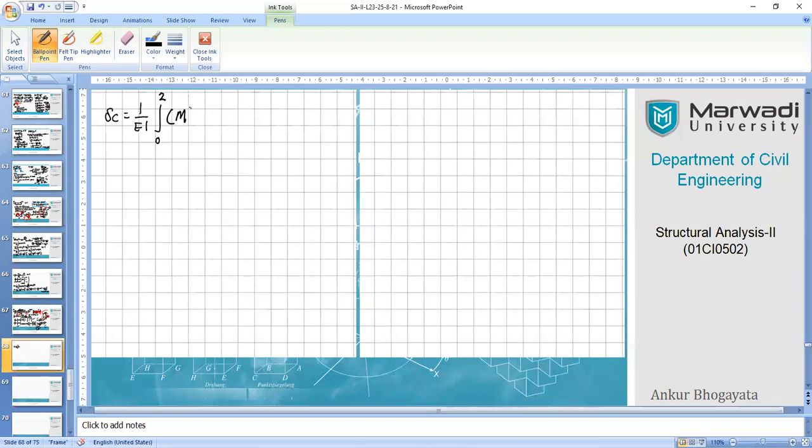Now M into small m dx, plus 1 upon 2EI. We'll not forget it, because we have been given this data in our equation, capital M, in the problem, small m dx. All right, so let's say delta C equals 1 upon EI. We'll keep it as it is as of now, 0 to 2 meters.